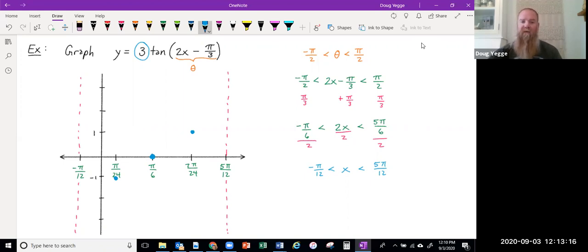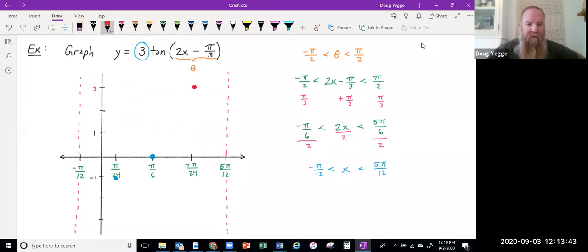Now, there's a couple of things to realize here. Anytime we multiply a function by 3, you might remember that what that does is it stretches the graph vertically. So where this value used to be +1, it's now going to be 3 times as tall. So it's actually going to stretch up to 3.